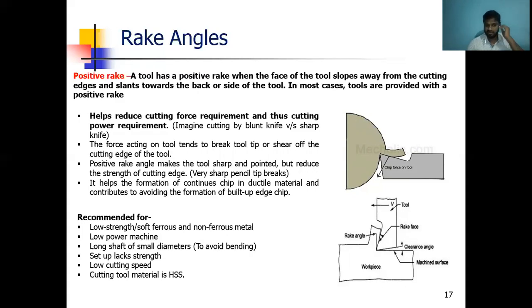The recommended uses are: low strength, soft ferrous and non-ferrous metals, low power machines, long shafts of small diameters, setups lacking strength, low cutting speeds, and cutting tool materials such as HSS.